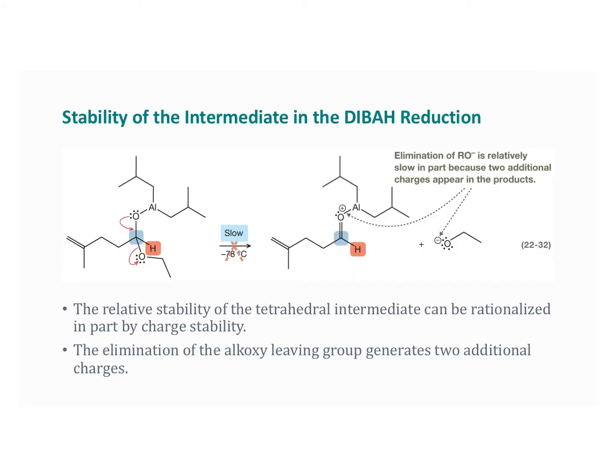What we see here is that the elimination of an alkoxy leaving group from the tetrahedral intermediate would generate two additional charges, a negative charge on the oxygen atom of the leaving group and a positive charge on the oxygen atom bonded to the aluminum. And so the small size of the oxygen does very little to stabilize those charges. So the uncharged tetrahedral intermediate is just more stable, right? It's just going to hang around, until, of course, we do the acid workup.